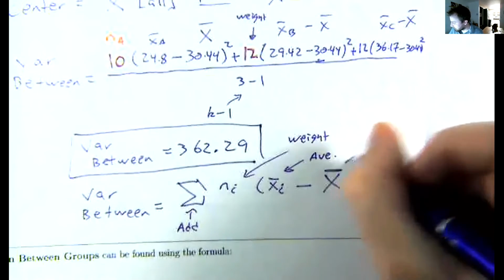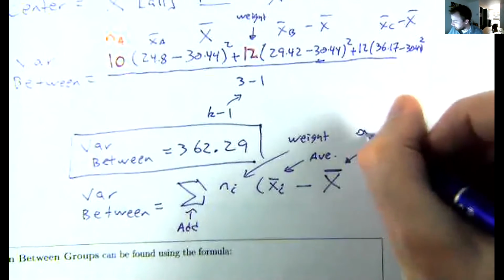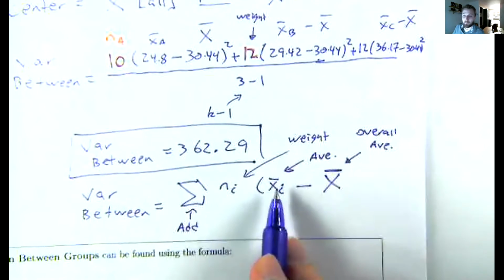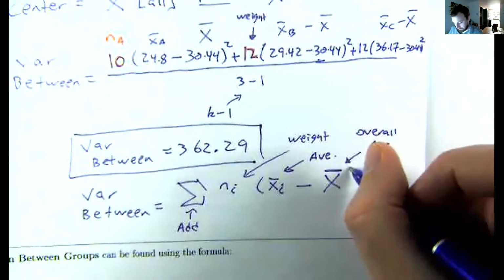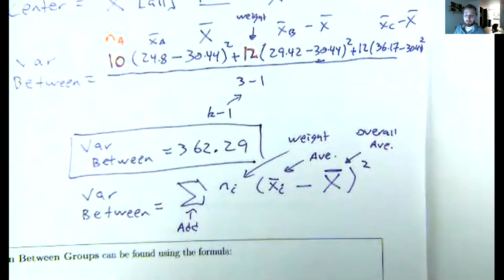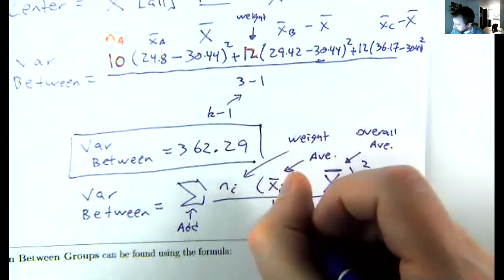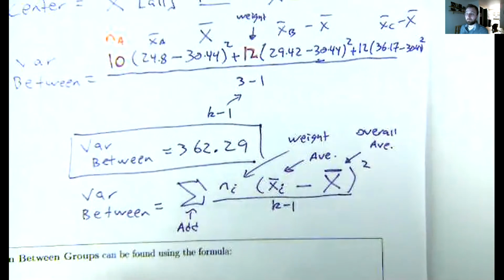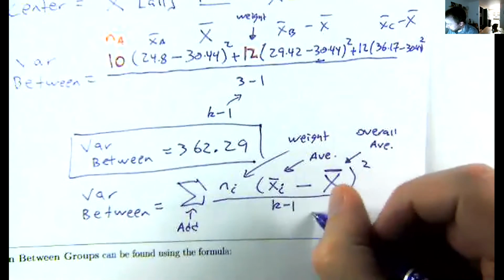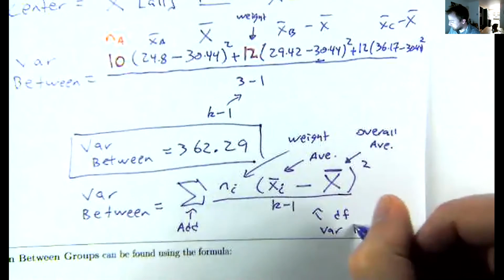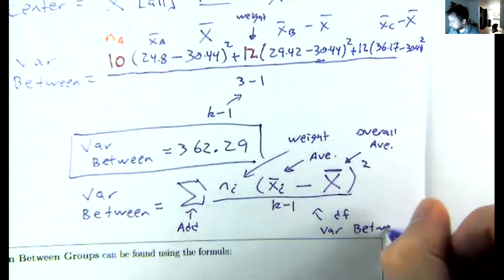That center line was this capital X bar. This was the overall average. So I'm doing value minus center. I'm squaring this so I don't get 0. And I divide this by my degree of freedom. My number of groups minus 1, k minus 1, is my degree of freedom for the variance between groups.